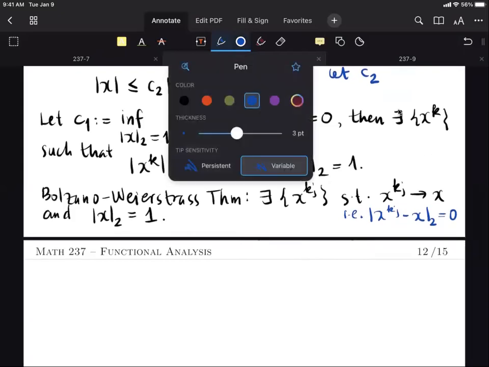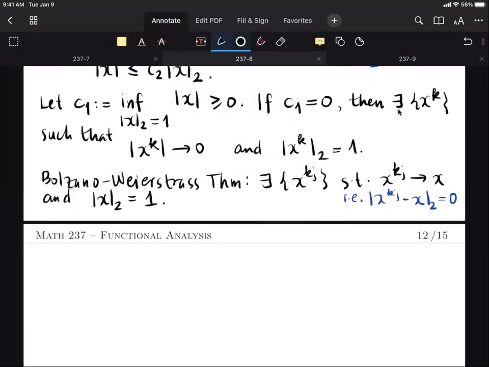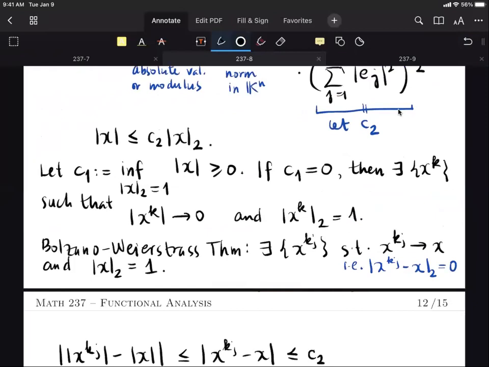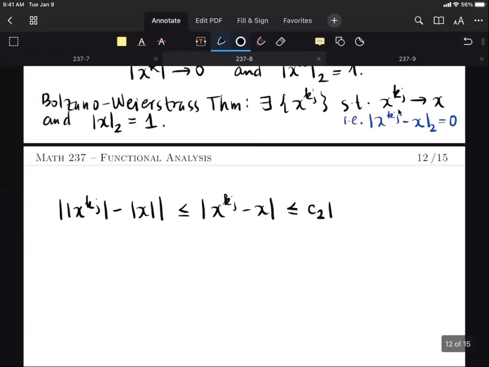Now, if we apply, let's say, the inverse triangle inequality with respect to this norm, let's say x^(k_j), this is the norm of the difference, but we know that, according to this one, it's less than C2 times x^(k_j) minus x, but now in the Euclidean norm.